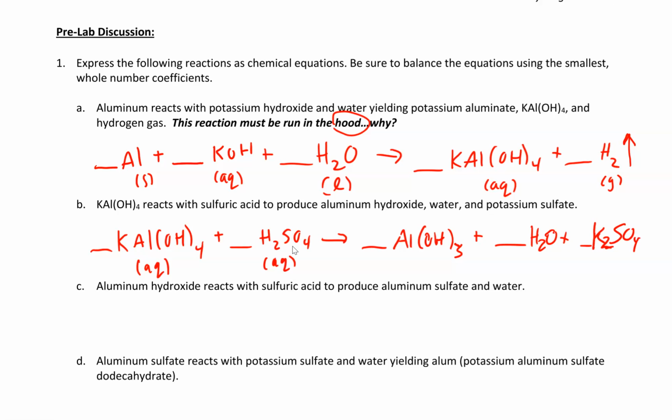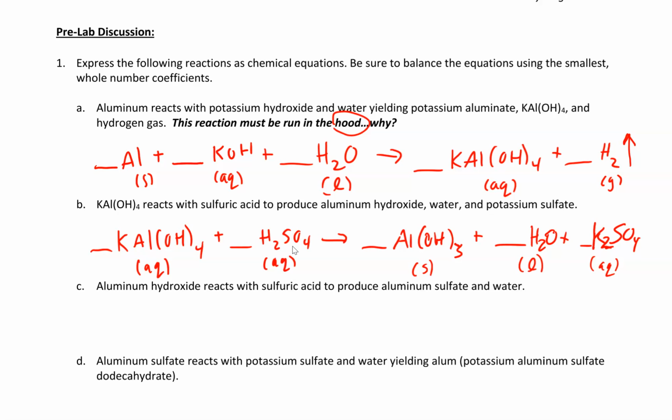As soon as you mix the sulfuric acid in with the potassium aluminate solution, you're going to form a white solid. That white solid is going to be your aluminum hydroxide. It is insoluble. Your water will remain as a liquid, and potassium sulfate is soluble in water, so it's going to be aqueous ions floating around in solution.